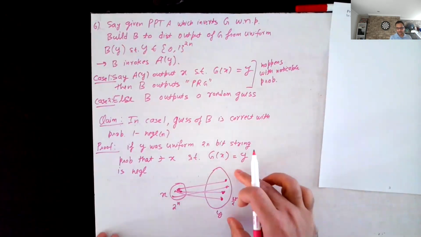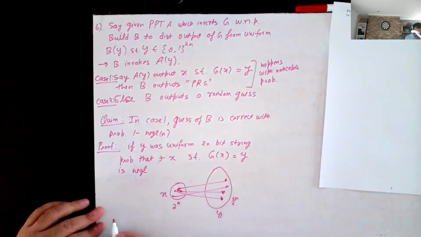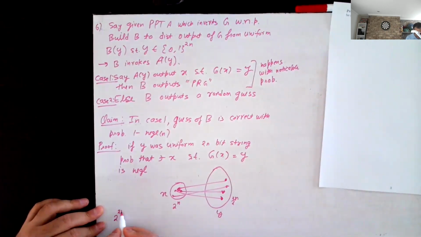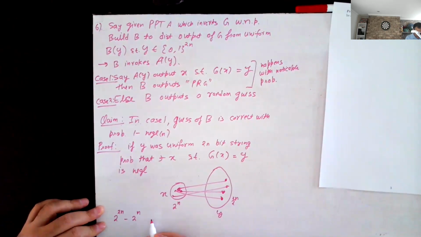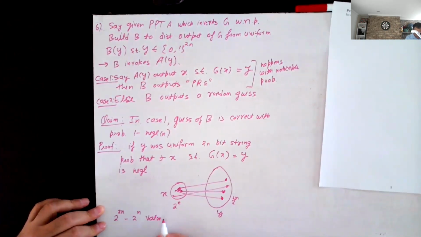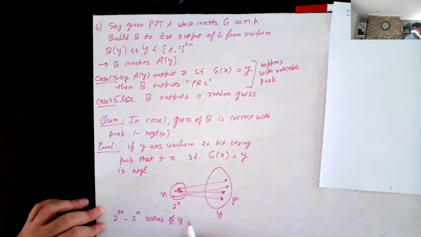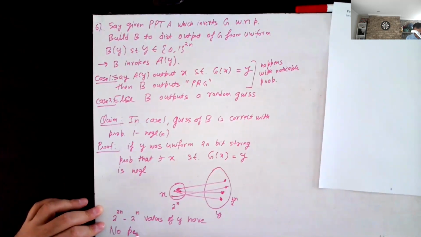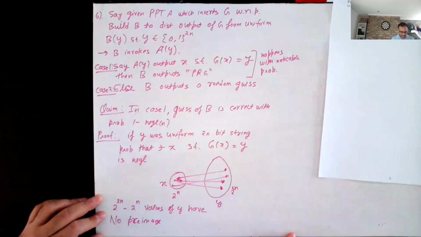So 2 to the power 2n minus 2 to the power n values of y have no preimage with respect to x.